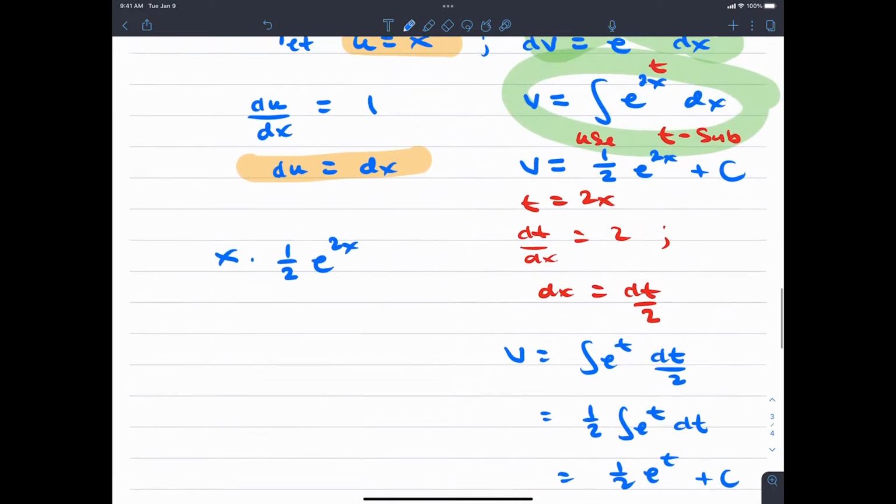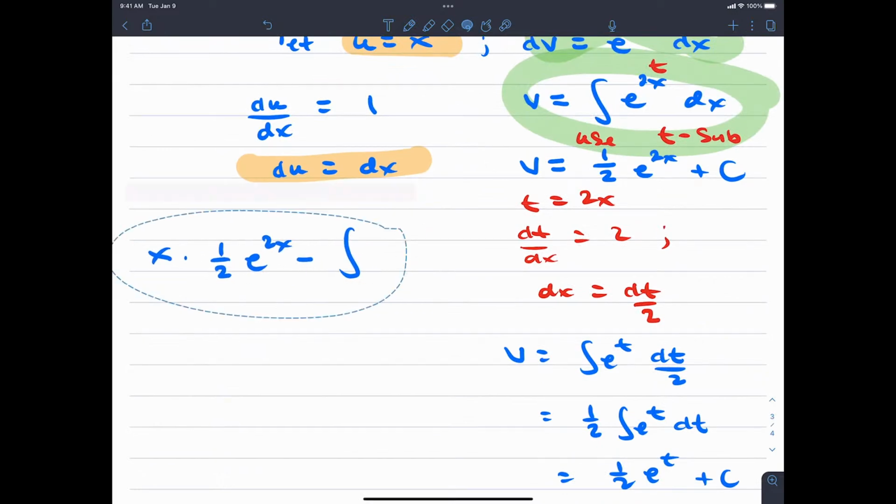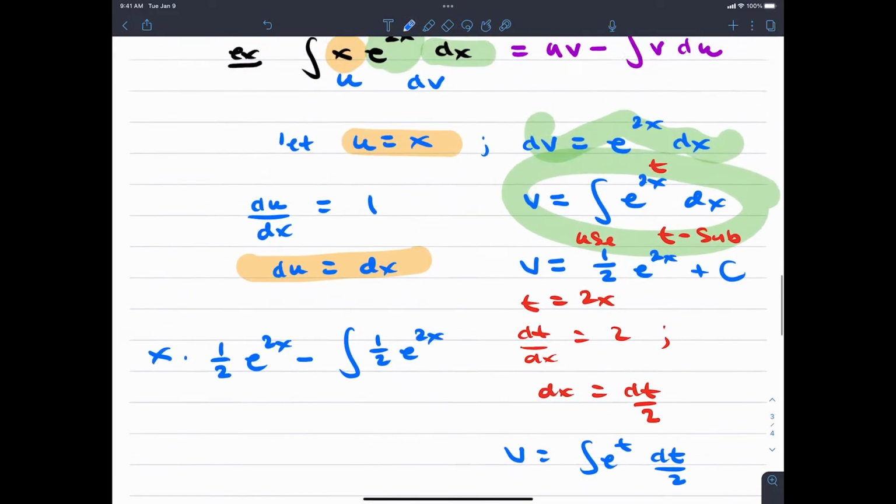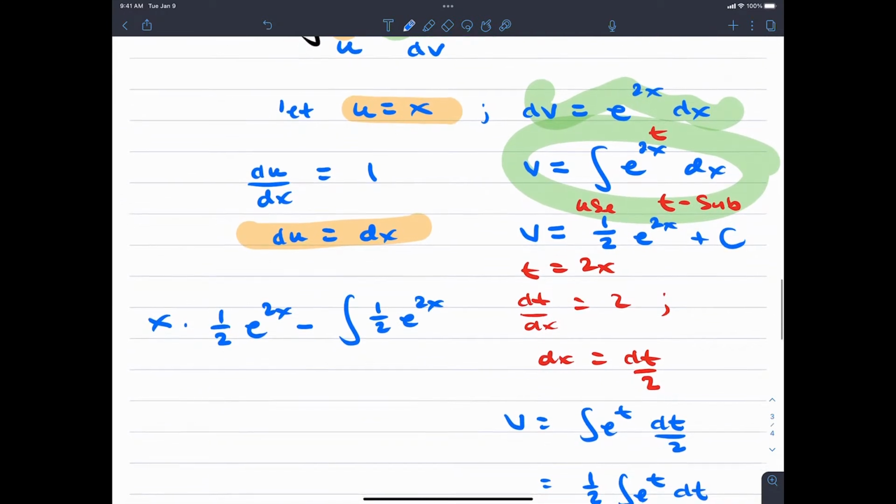So this is uv minus integral of v. We just found v, 1/2 e to the 2x, du. And du we know is dx here because we found that here. So u is x and du is dx.